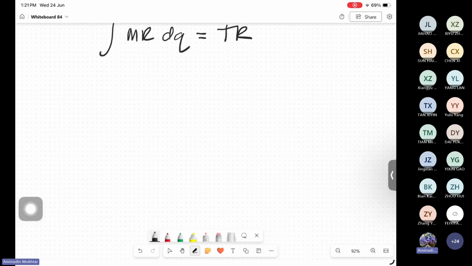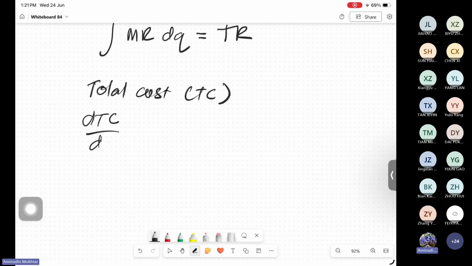Same goes for the total cost. We have total cost, or TC. The first derivative of TC, dTC/dQ, equals MC. MC is marginal cost.